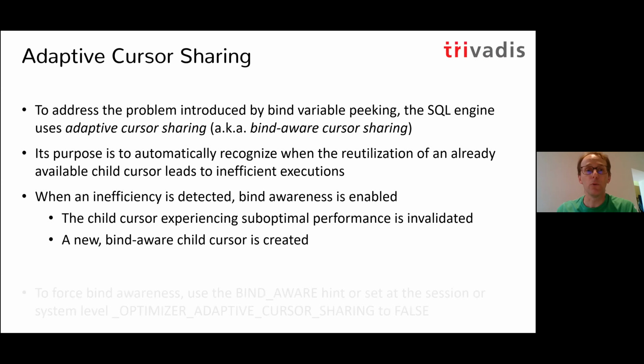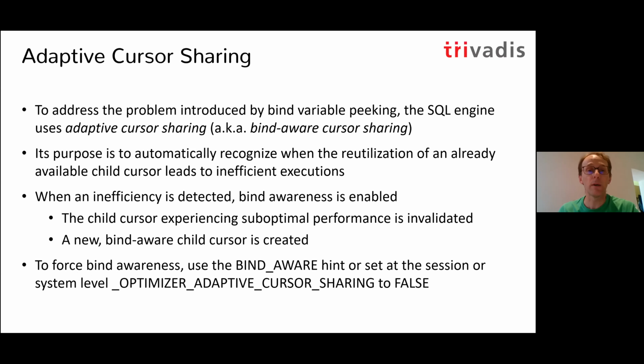Sometimes what we have to do is simply force the bind awareness by using the bind_aware hint. If you have a specific SQL statement where you know that you cannot wait until the database engine automatically detects this kind of situation, you can put the hint in the SQL statement and make sure that Oracle from the beginning uses the bind variable value to select the child cursor.